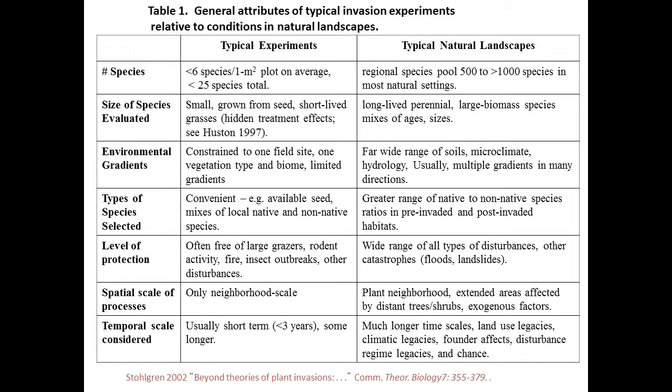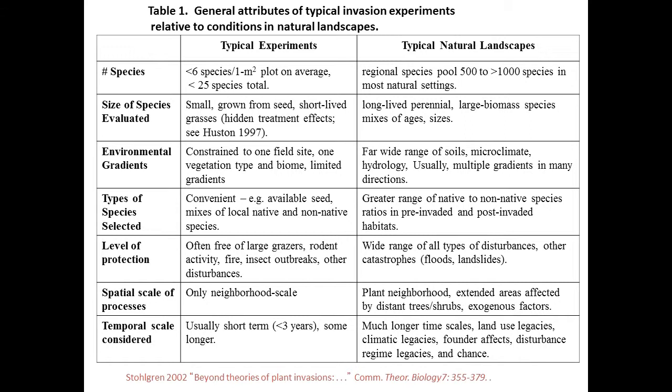The size of the species is also considered. In most experiments, they're usually small herbs or grasses grown from seed, whereas in nature you find long-lived perennial species, some with large biomass, like trees and shrubs.